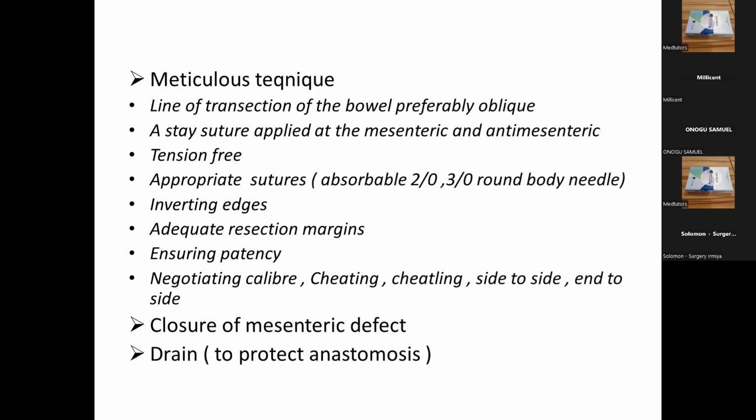When the cut edges are not of the same size, you might have to carry out various maneuvers to overcome this, such as cheating or spatulating, or sometimes a side-to-end or side-to-side anastomosis might be advocated. Also, after your anastomosis, it's advocated that you close the mesenteric defect so as to prevent internal hernias and also promote surgical recovery.